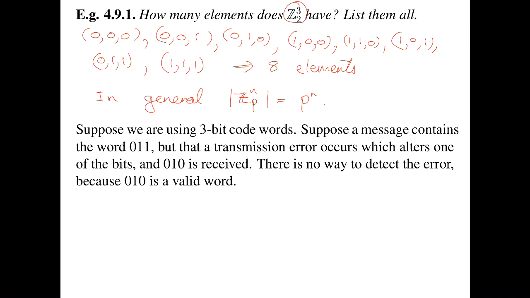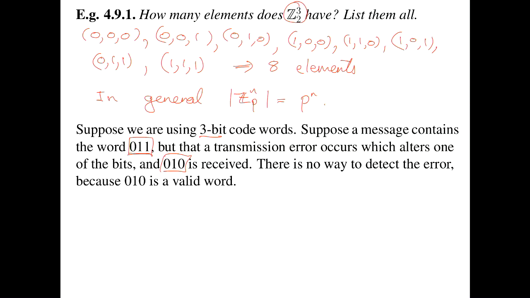So let's consider the simplest case. Suppose we've got a 3-bit code word, so n is 3. And suppose that the message we're trying to transmit is the word 011, but some error occurs. I try to send 011 to somebody sitting up the back, but what they receive is 010.